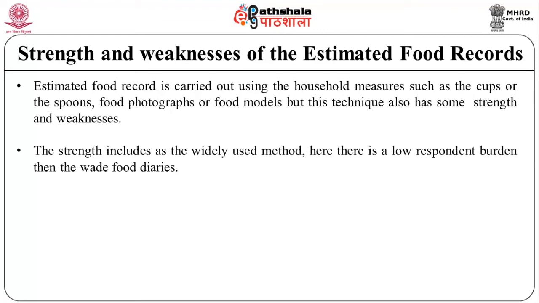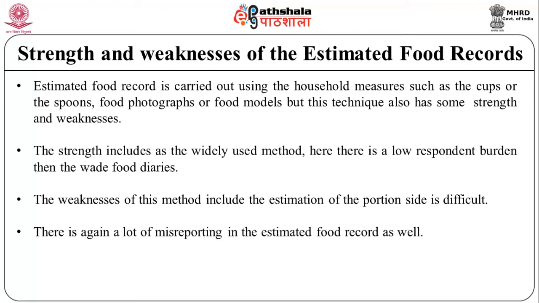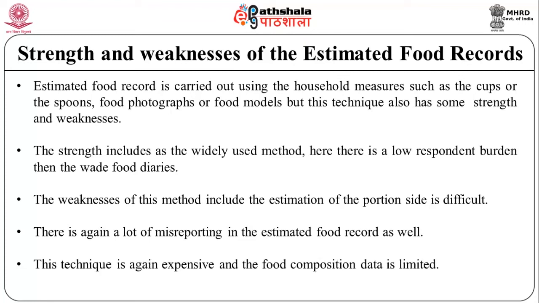Here there is a lower respondent burden than the weighed food diaries. The weaknesses of this method include that the estimation of the portion size is difficult. There is again a lot of misreporting in the estimated food record as well. This technique is again expensive and the food composition data is limited.